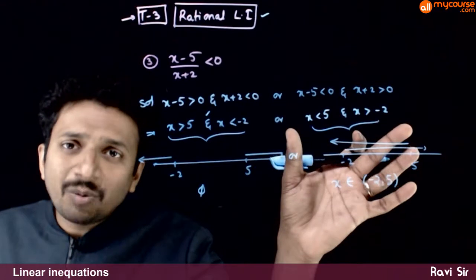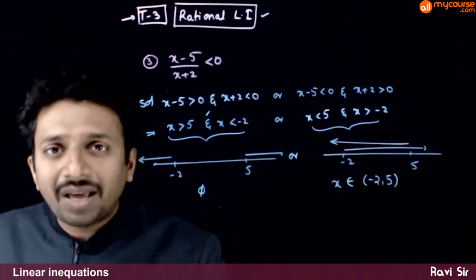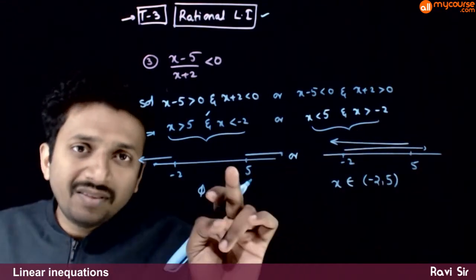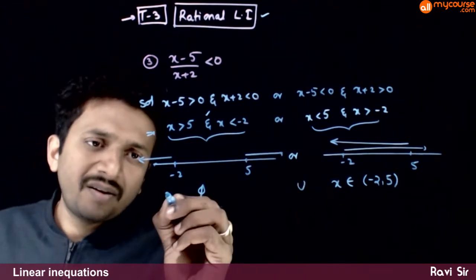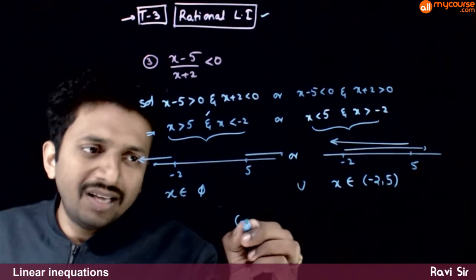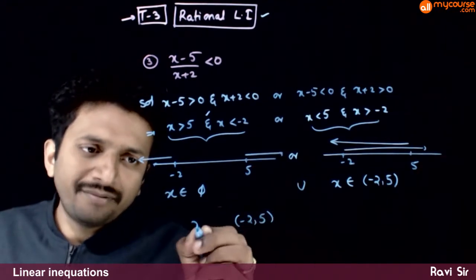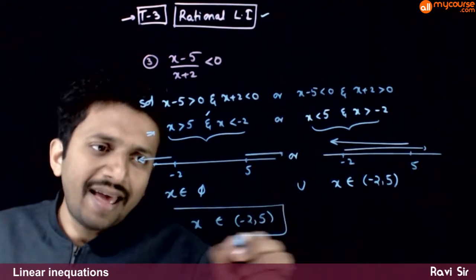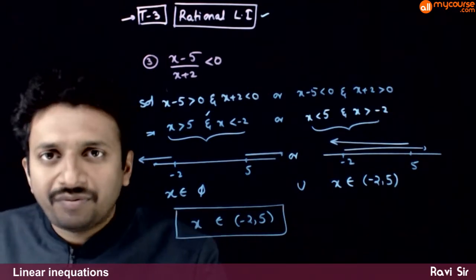For this side to be valid, x has to be in between -2 and 5. So now this or this, that is null set union (-2, 5) is (-2, 5). So the final answer is x belongs to (-2, 5).